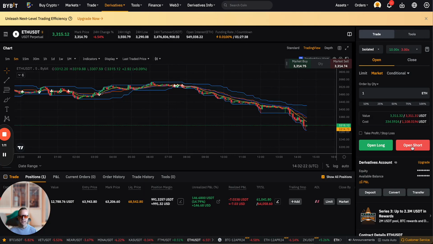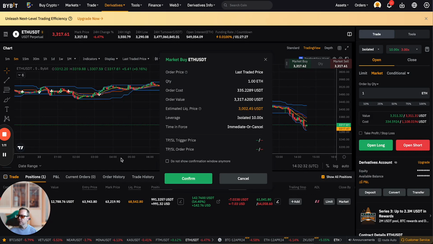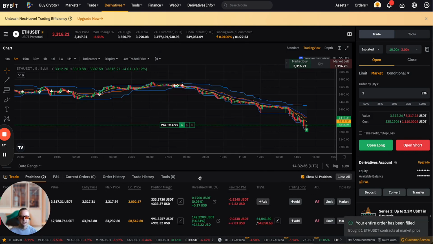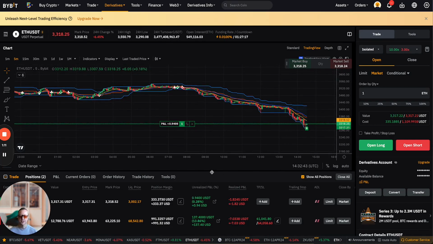Whatever happens, I'm willing to hold for the short term. Actually, in fact, I'm going to go with a long, just temporarily. Right, so I'm going to go with the long. And oh shoot, I did a 10x. Okay, so that's fine, whatever. Went with the 10x, right?